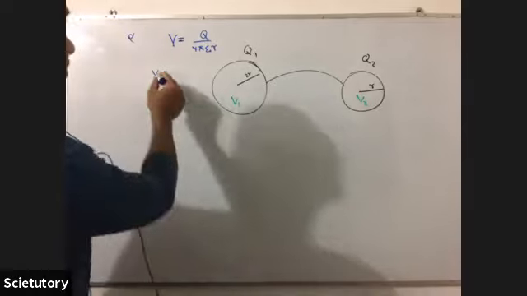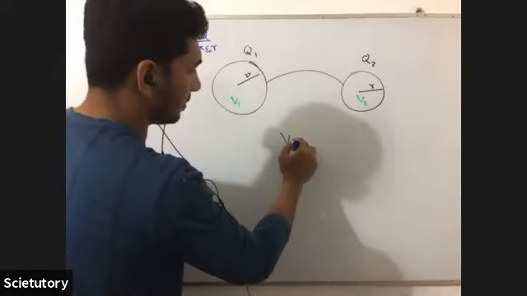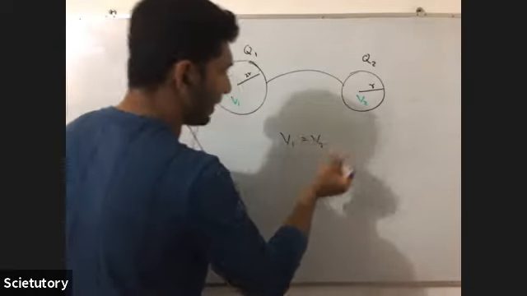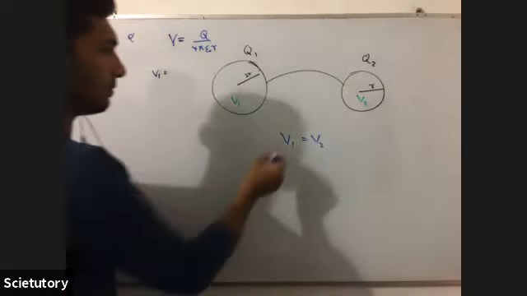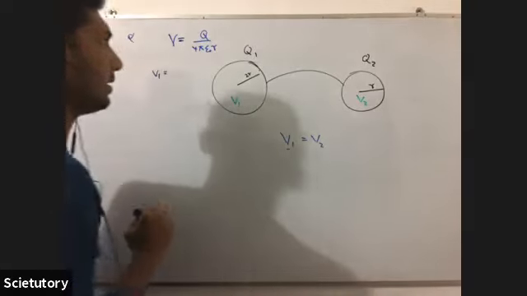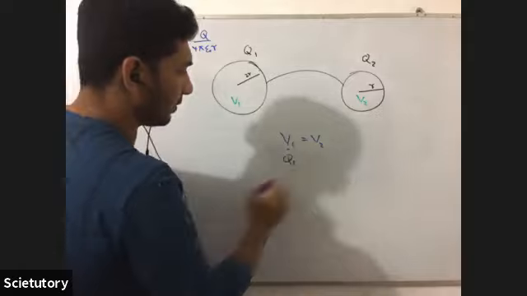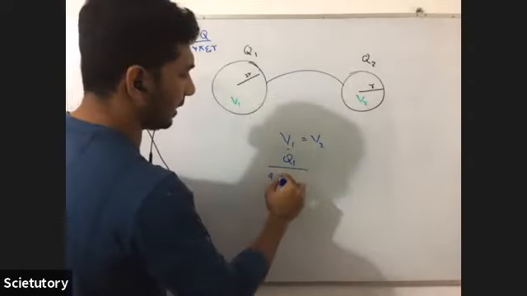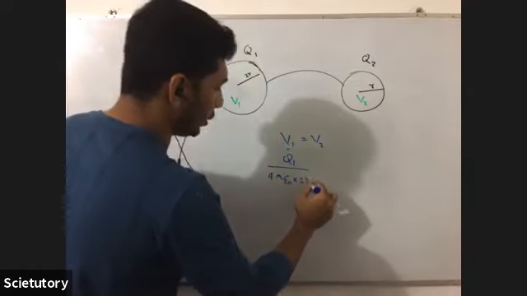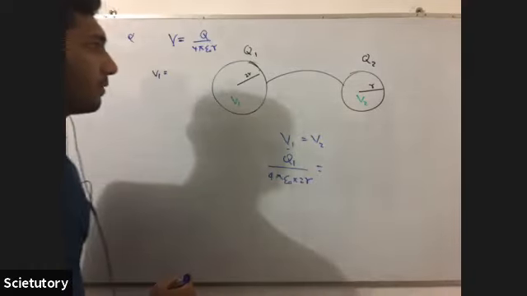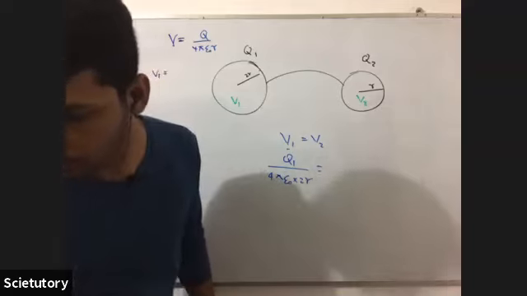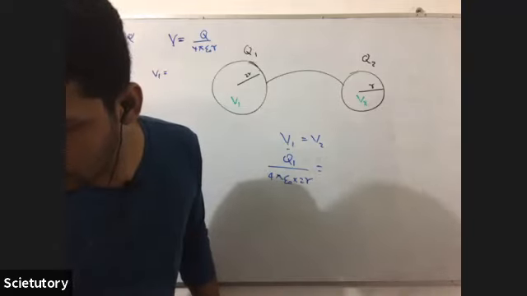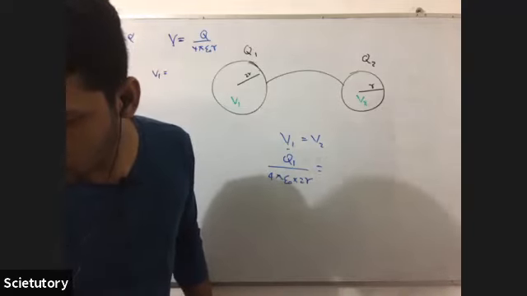So now we are going to relate V1 and V2 like this. V1 is equal to V2. And now the substitution is the only thing you have to do. So for V1, you're going to write Q1 over 4 pi epsilon naught times 2R. But it's the other way. Q1.